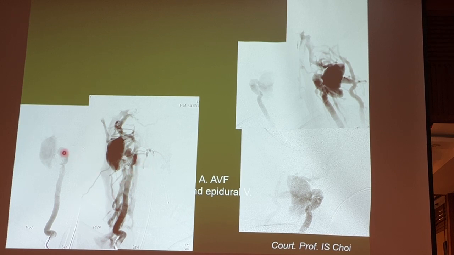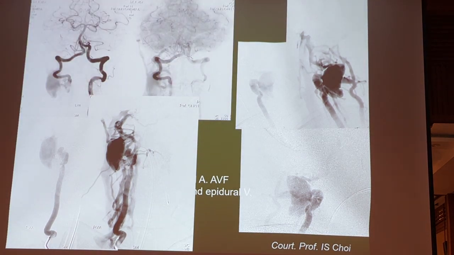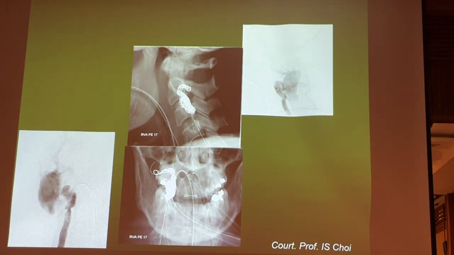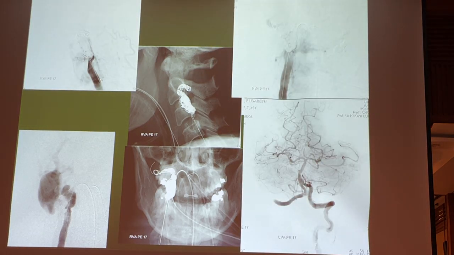You see the very big pouch with the fistula located there, and he did nice AP lateral in all phases, including the contralateral vertebral artery, seeing the vertebral artery coming down, filling up this same location of the fistula, and also injected the ipsilateral cervical arteries to make sure whether a contribution can be seen from there. I was able to close up the fistula with this most of the course.